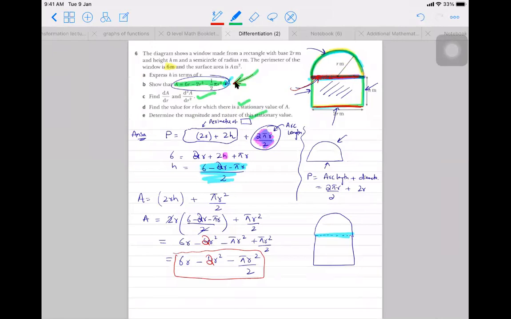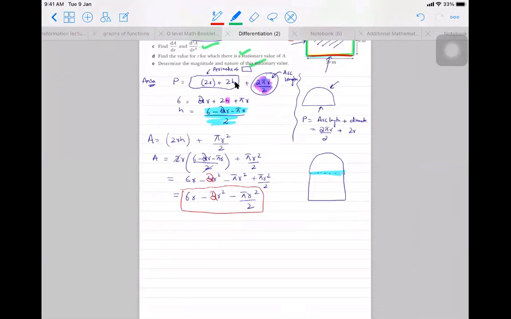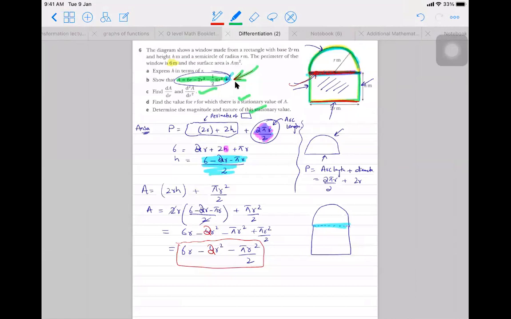What I told you initially is that in your exam you're always going to be given a figure that is clear. In this question, this is a question from a book, so the question itself wasn't clear. They drew a horizontal line that was a solid line. Whenever a solid line is drawn, we do consider it in the perimeter.